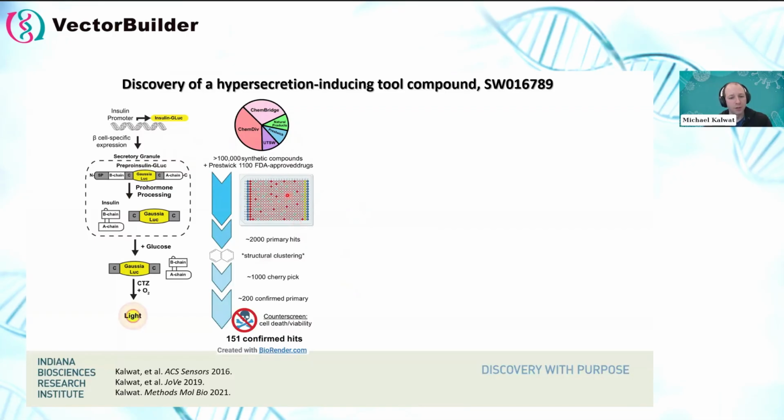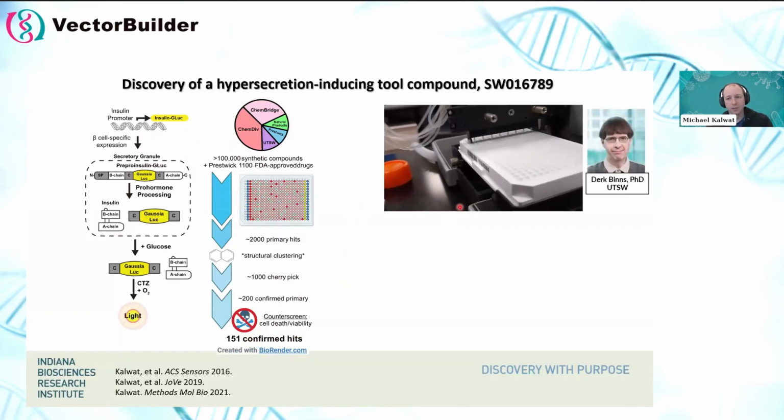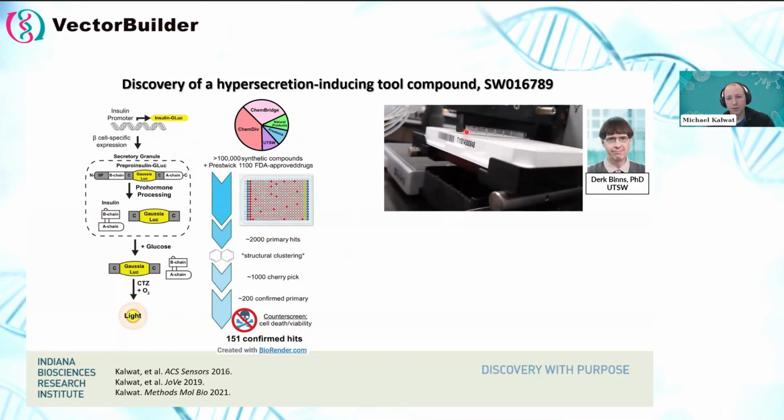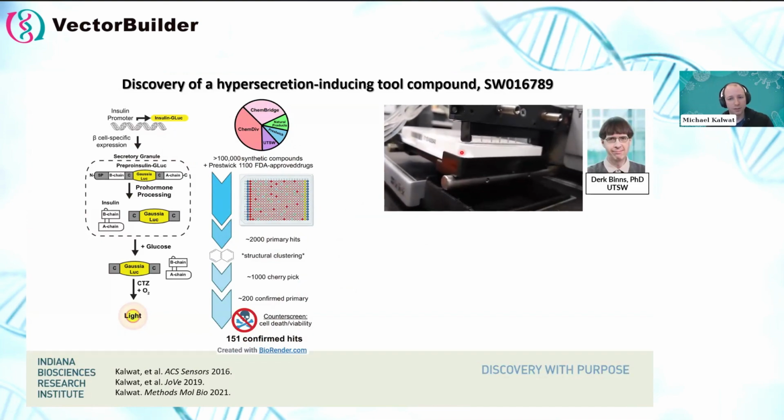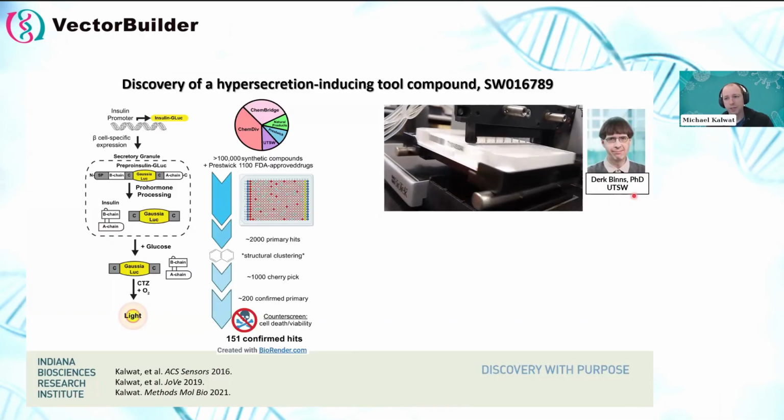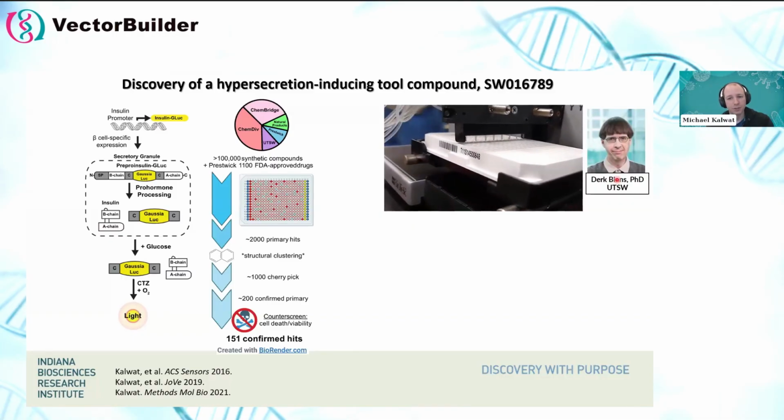After that 24-hour exposure, the compounds were washed off and cells were starved and stimulated before we did our luciferase assay. We ended up finding about 150 compounds that affected beta cell function. We spent a long time in the core using liquid handlers, doing lots and lots of these 384-well plates, and I had a lot of help from my research associate, Dirk Binns.